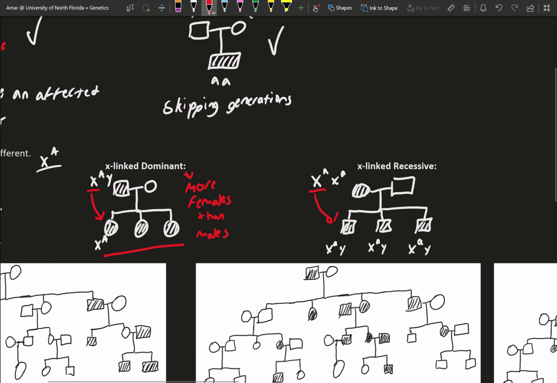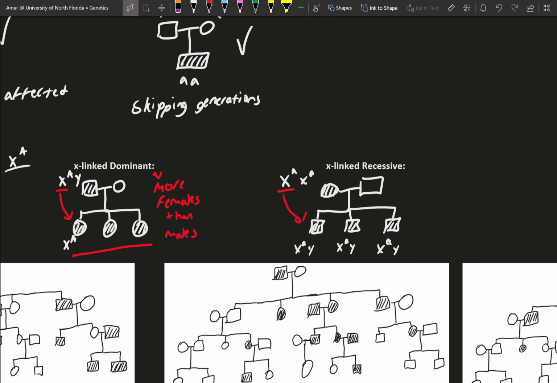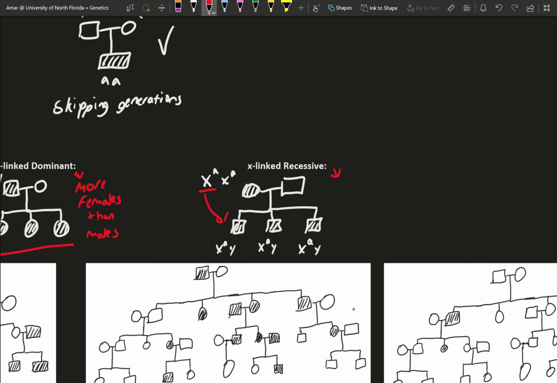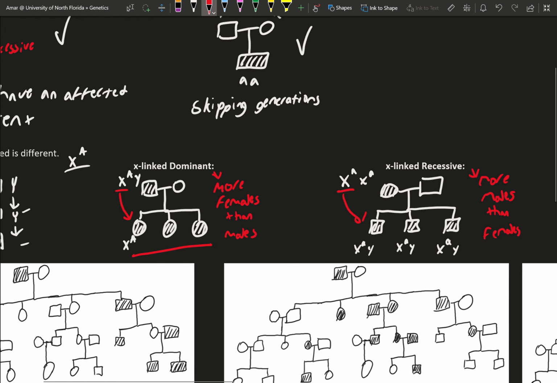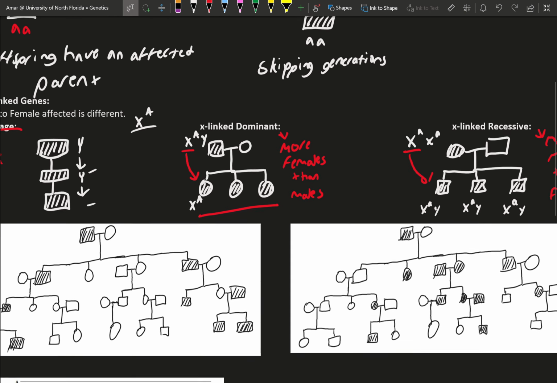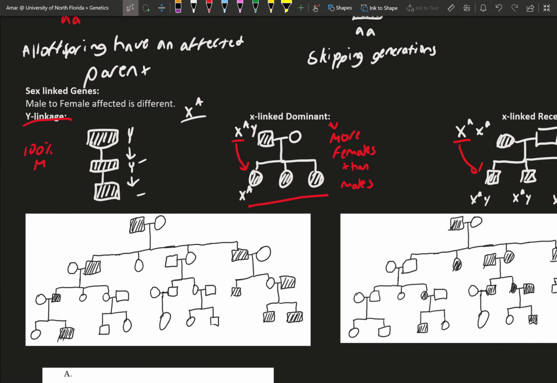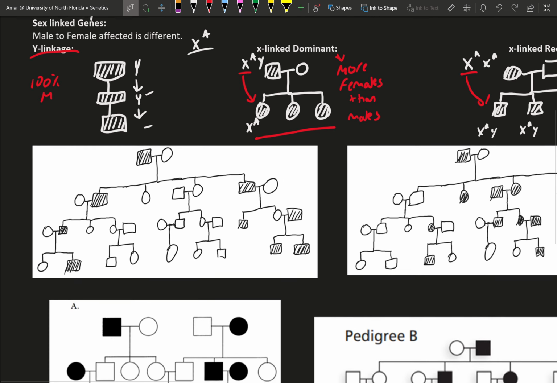And then the opposite is true for X-linked recessive. You're going to see more males than females. Okay? And those are the tools that you can use to figure out what kind of mode of inheritance a pedigree is. So let's do some practice problems.